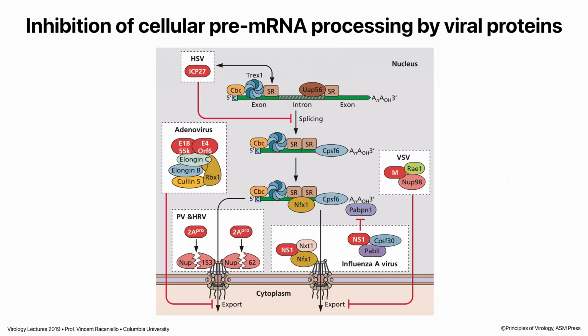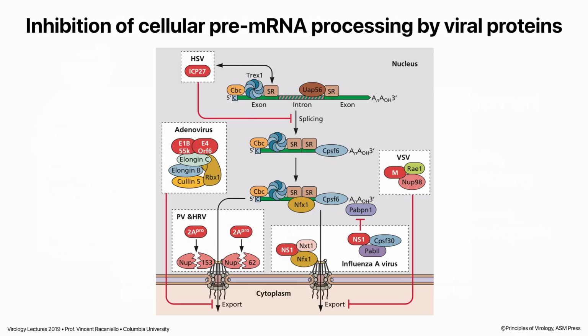Here's a look in a little more detail at inhibition of export and splicing. So this is a slide that I showed you before without all the viral proteins on it. At the top here we have a primary transcript of an mRNA with an intron that has to be spliced out. And this is being bound by the spliceosome. So all these ribonucleoprotein proteins are bound to the RNA.